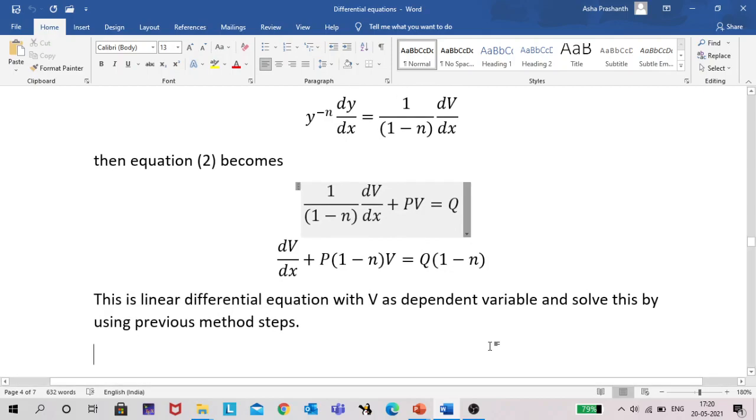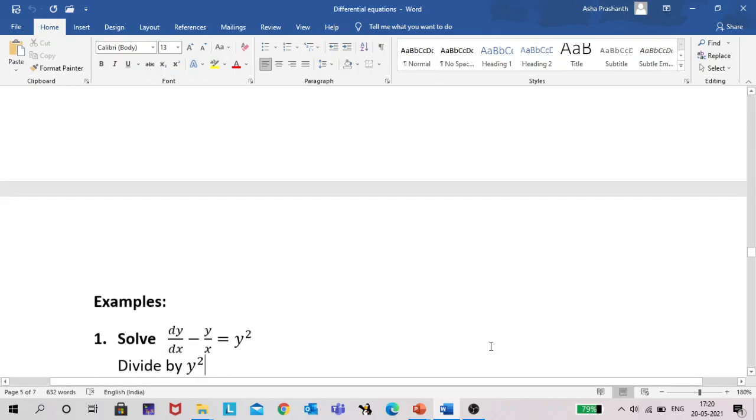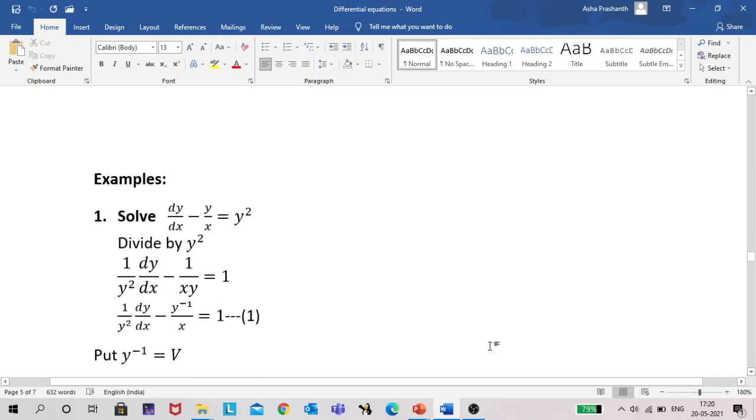Clear? Okay, so first I am taking an example. Solve the equation dy by dx minus y by x is equal to y square. How can you find out whether it is a linear differential equation form or a Bernoulli's form? In a linear differential form, the right hand side function is not in terms of y.